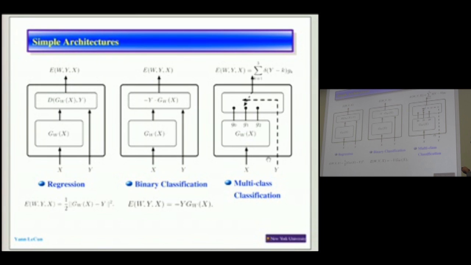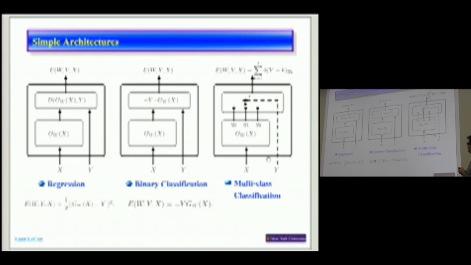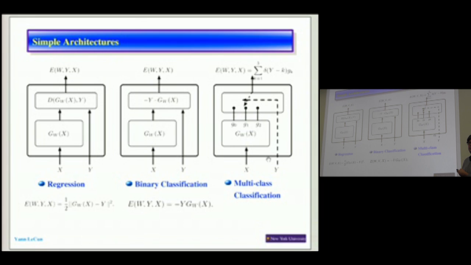The energy function is going to be -y times GW of x. So what this wants is for y and GW of x to have the same sign. Y can only take a value +1 or -1, so if GW of x is positive, you want to set y to 1. If GW of x is negative, you want to set y to -1. That's the inference algorithm.